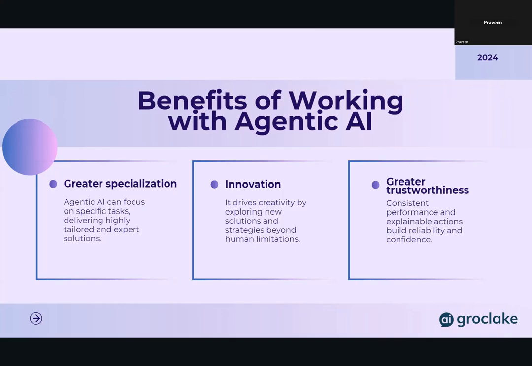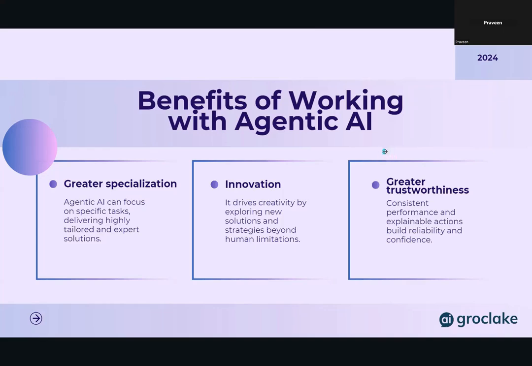It's faster and more accurate. For example, I say write an article. A human may make a lot of grammatical errors, a lot of spelling errors, but AI will not. So the aspect of getting a better output is where we are talking about greater trustworthiness, like consistent performance.